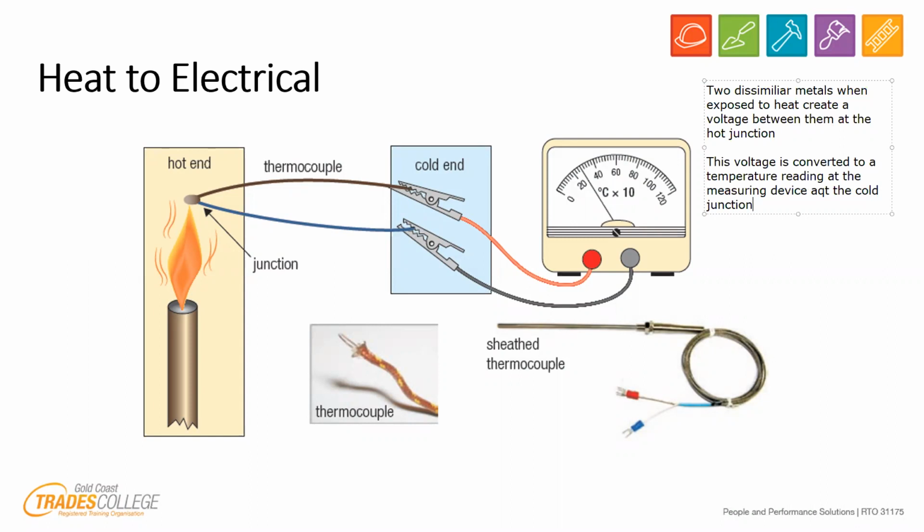This voltage is converted to a temperature reading at the measuring device at the cold junction. So like there, you've got a thermometer or a temperature reading or something like that.